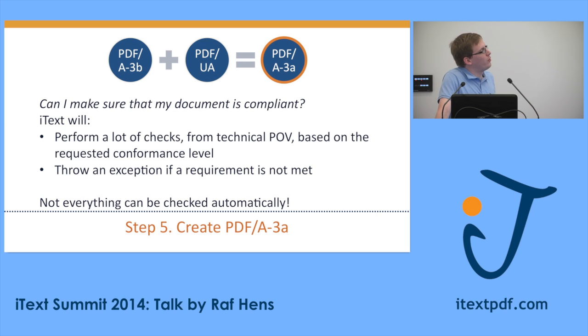So I've now shown you how this all works in terms of iText code. Do you have some kind of certainty that what you're creating with iText is compliant with the specification? Well, we will do a lot of checks from a technical point of view, as I've told you, based on the conformance level that you've set in the PDF/A writer.